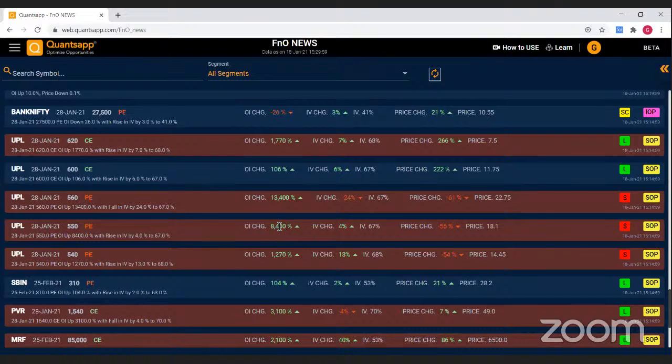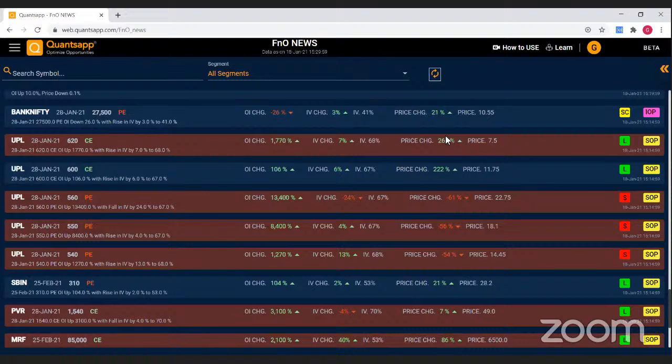You can see the confidence that market participants are showing for the writing they are doing on the put side. So this gives you, I would say, a clear picture of how market participants are looking into that particular stock. And I would say this is my personal favorite to see the stocks, to see how the price movements are happening, how the OI is changing.